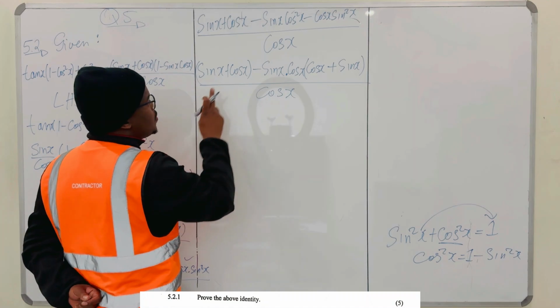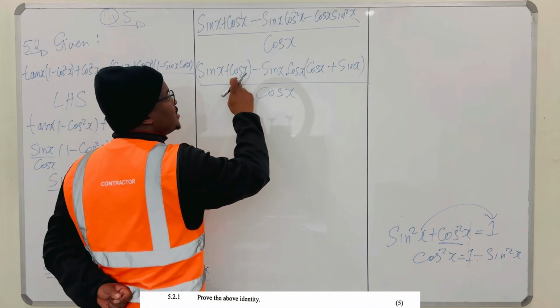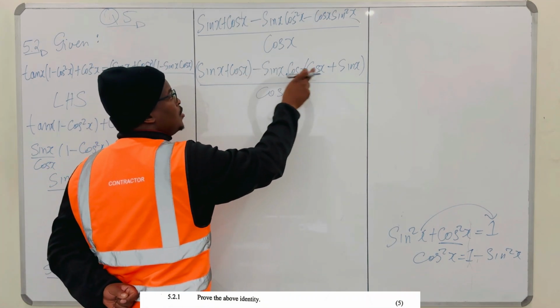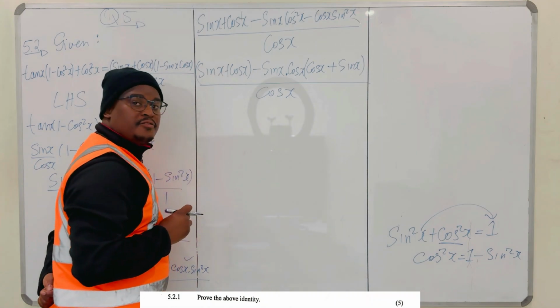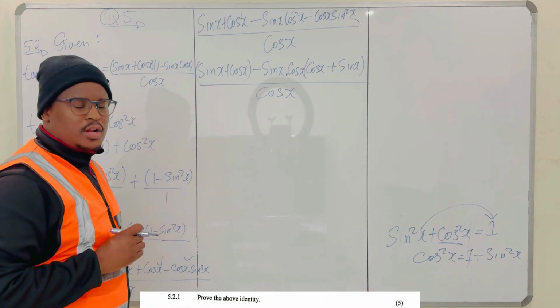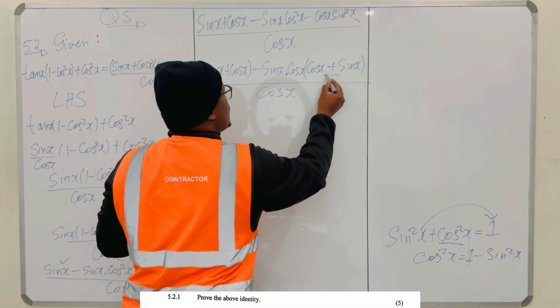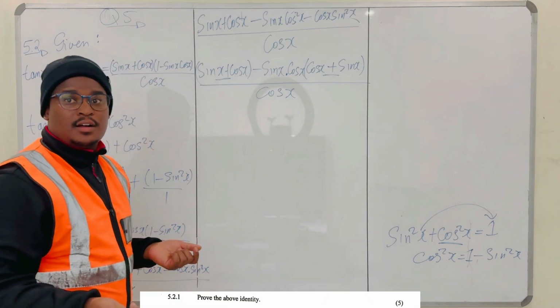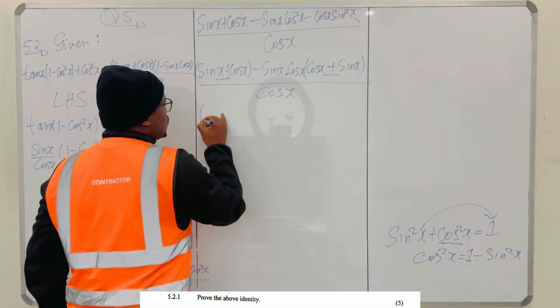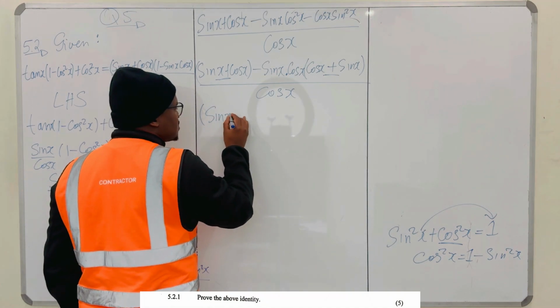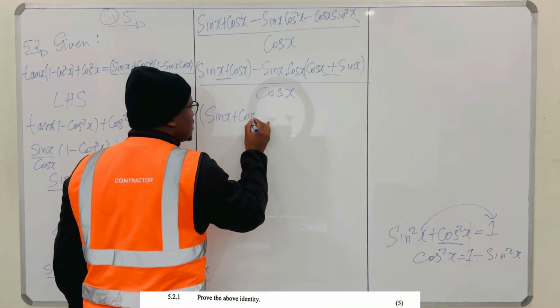And then look at this, look at that. So this is a common factor on your numerator. On your numerator, this is a common factor. So take this out as a common factor. Which is the common factor? It is sine x plus cos x, right?